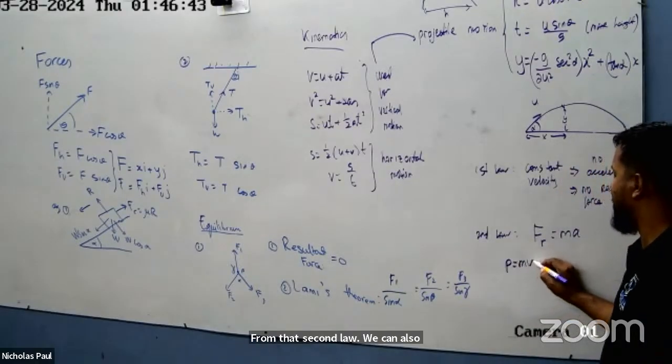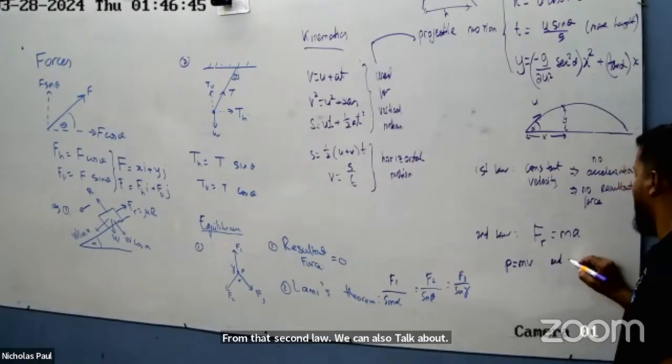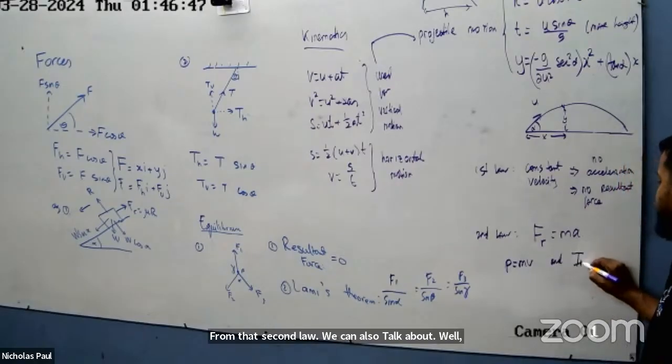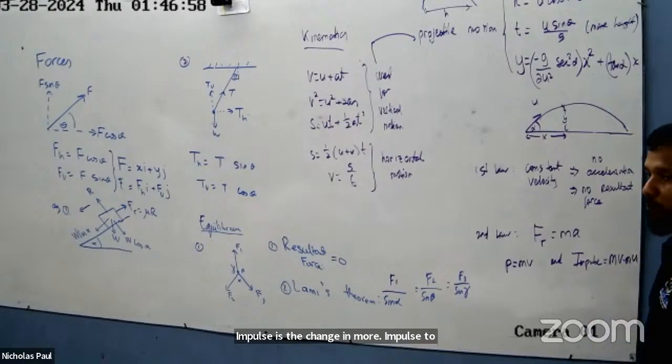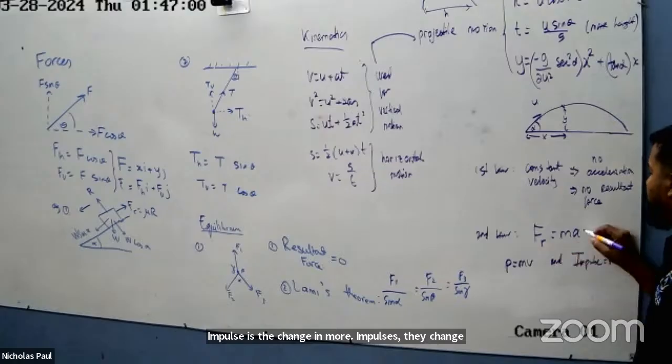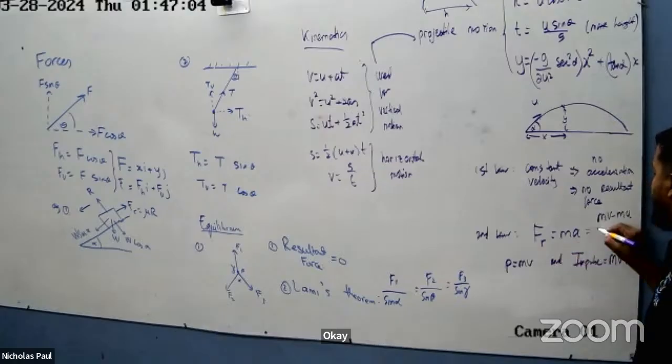Momentum is mass times velocity, and impulse is the change in momentum. You'll see that? Impulse is the change in momentum. Okay, so resultant force is also impulse over time.